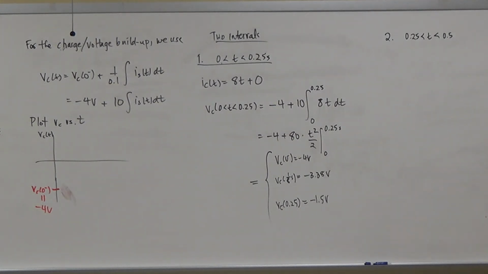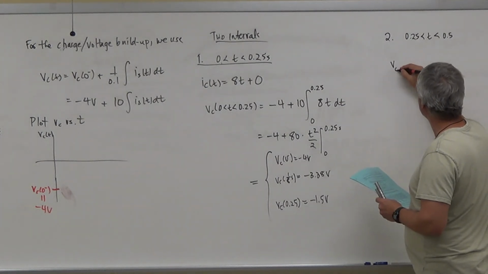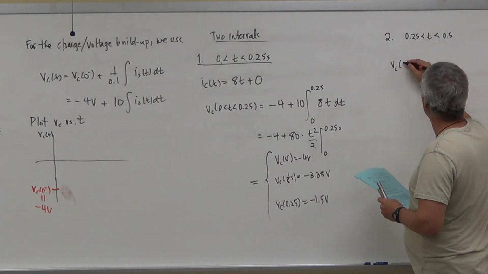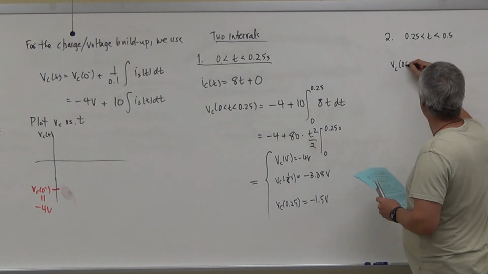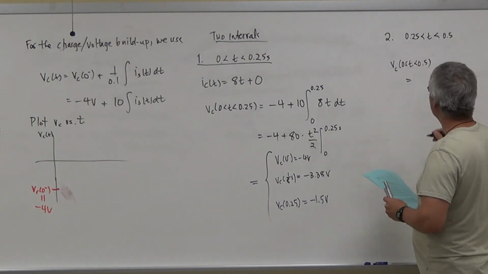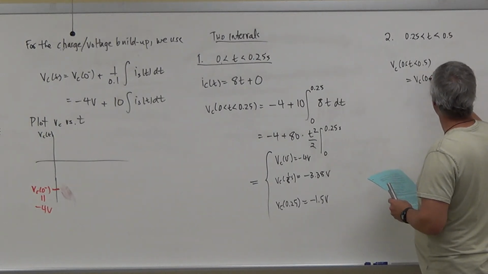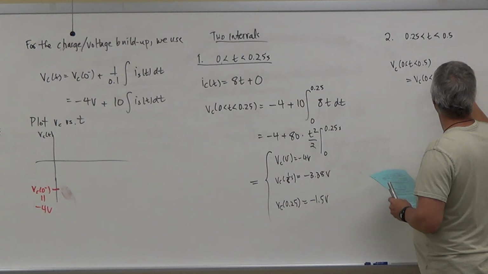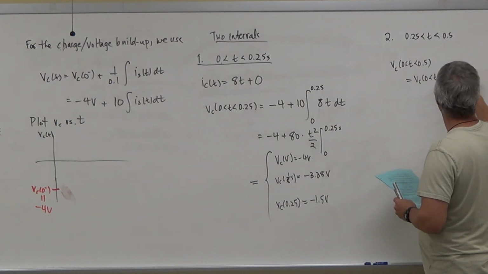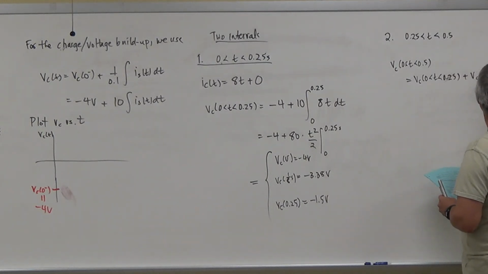So if I look at this, I'm going to start from VC at t less than 0.5. This really means I get the voltage of the capacitor between 0 and 0.25 plus the voltage of the capacitor between 0.25 and 0.5.